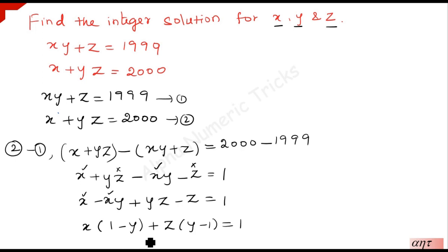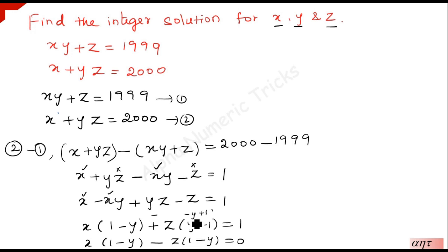Now, here we have x times 1 minus y, and here z times y minus 1. So we have to take 1 minus outside and make the same terms here. When you take 1 minus outside, this becomes minus y, and this becomes plus. So minus of z times 1 minus y is equal to 0.